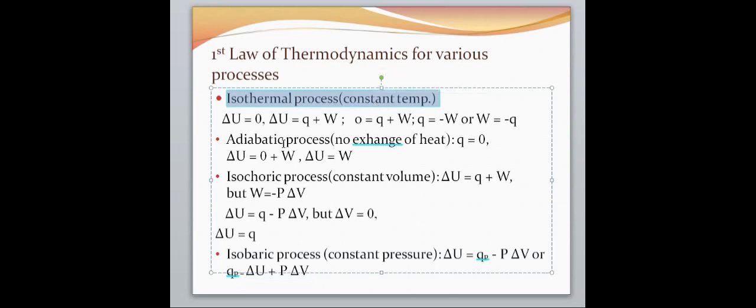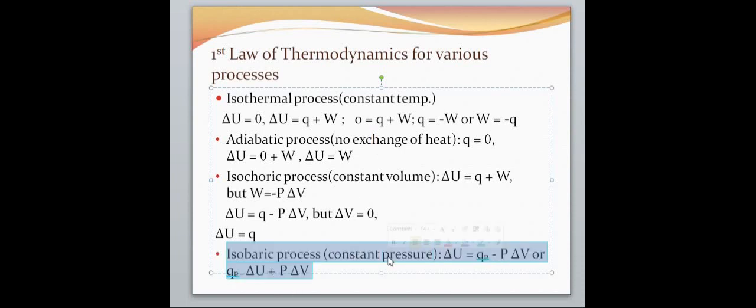When I say adiabatic process, I mean there is no exchange of heat taking place. What about isochoric process? There the volume is kept constant, and in isobaric process the pressure is kept constant.